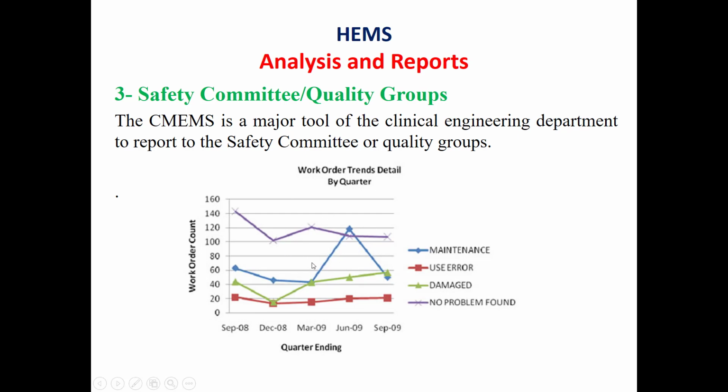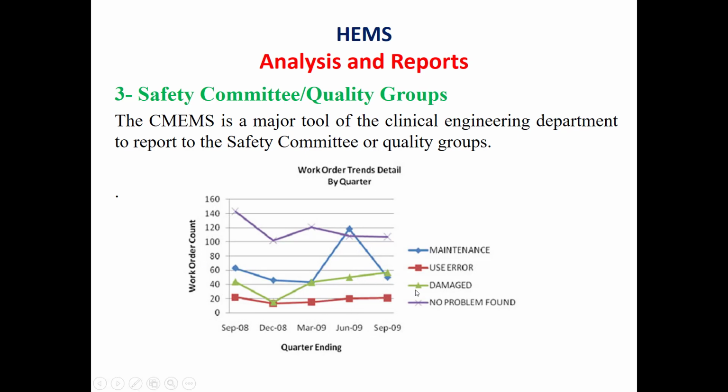This one will help the clinical engineering department to take general actions, whereas the second type of report, which we see in the next slides, will help us to take actions concerning specific devices in the hospital or medical center.